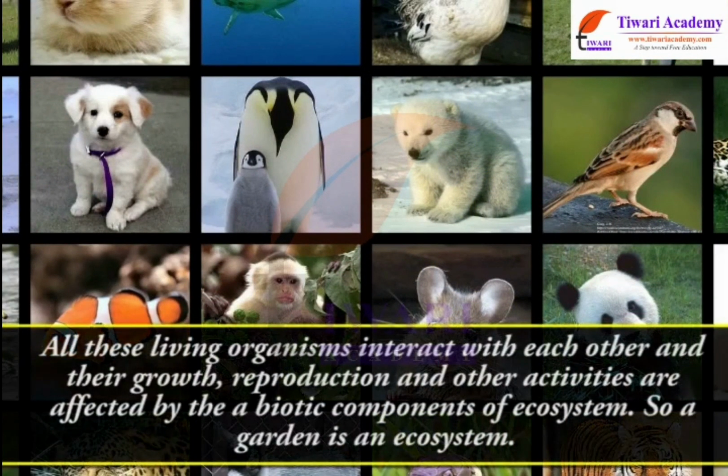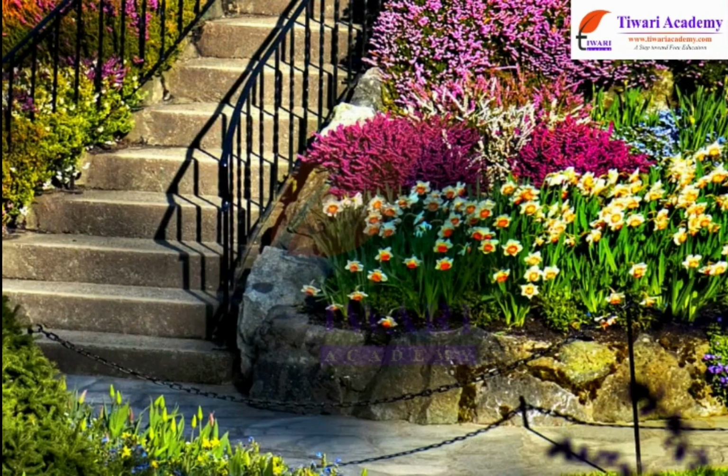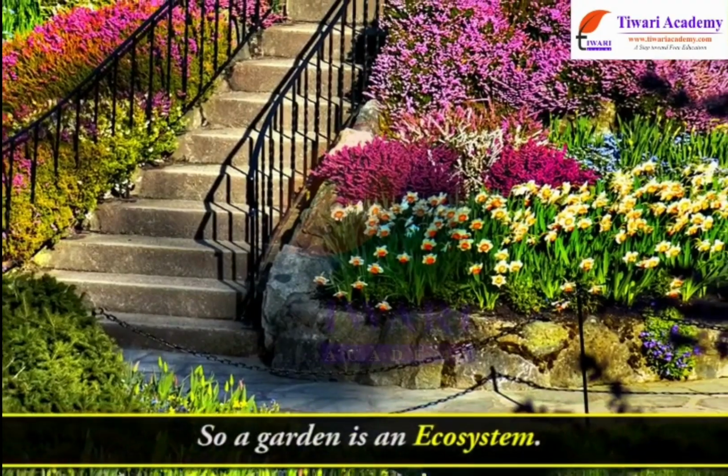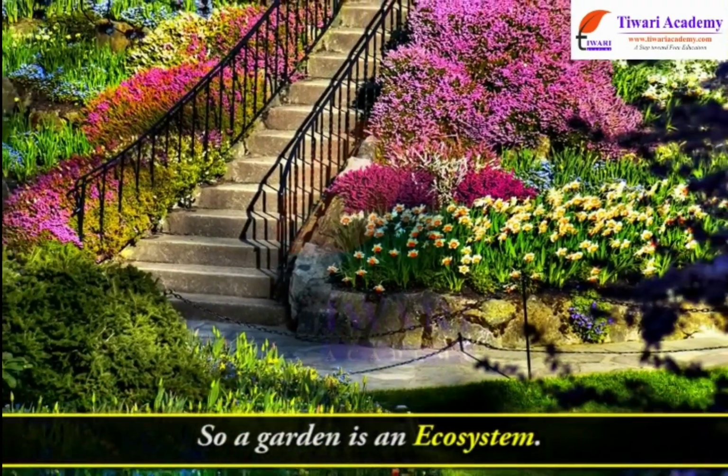All these living organisms interact with each other, and their growth, reproduction, and other activities are affected by the abiotic components of ecosystem. So, a garden is an ecosystem.